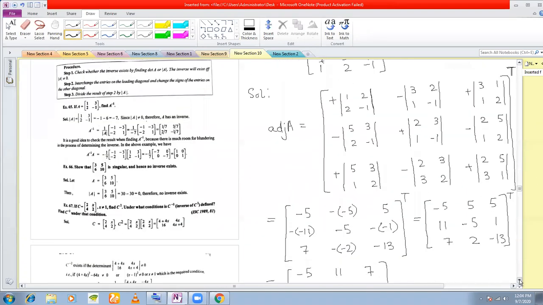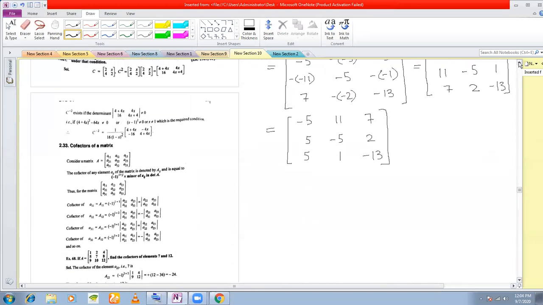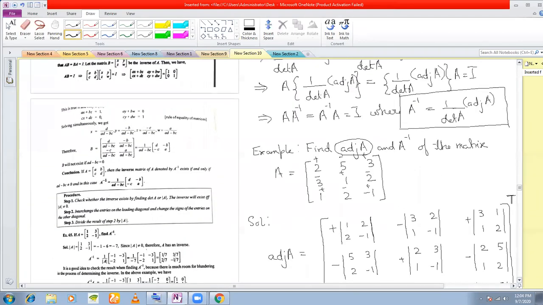Next, we'll proceed to find the inverse of A. Now remember, for the inverse of A, the determinant of A has to be not equal to 0. A inverse is equal to 1 by det A into adjoint of A, where det A is not equal to 0.